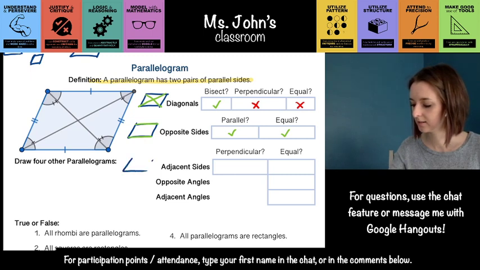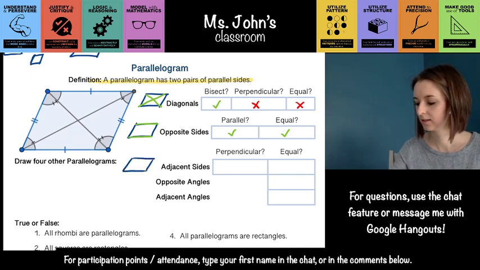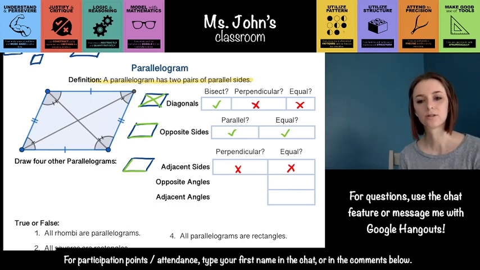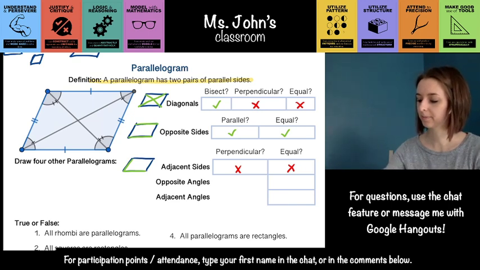Adjacent sides, the ones that touch each other, there's several pairs in the parallelogram, but they are neither perpendicular nor equal. Neither of those things are necessarily true about this shape.